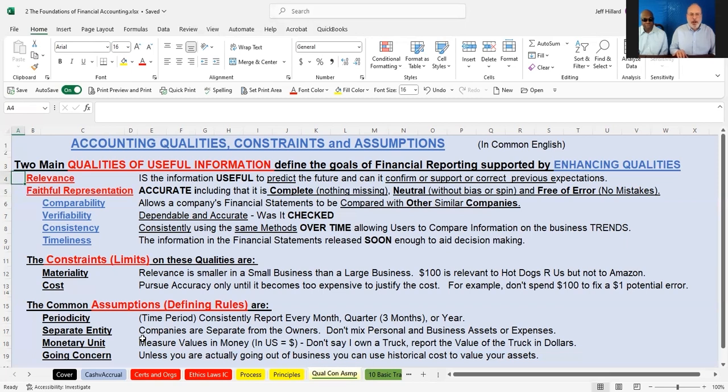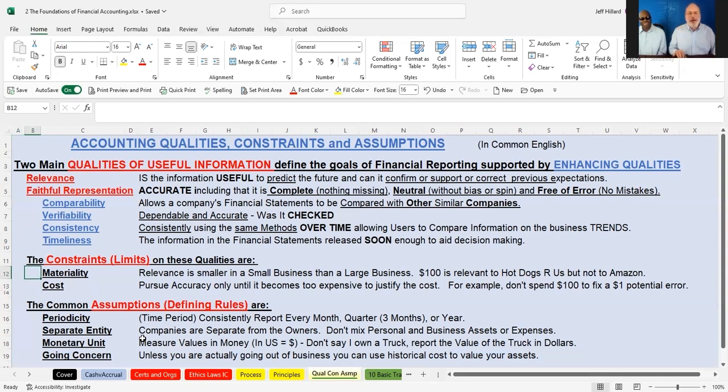So this is what we are after, is truthful, and this is how you add trust. They also should be comparable to similar companies. Verifiable, which means dependable and accurate, and that it's been independently checked by the auditors. Consistently use the same methods over time. Don't be changing it. Timeliness. Issue them soon. A lot of goals here. We're constrained by materiality and cost.